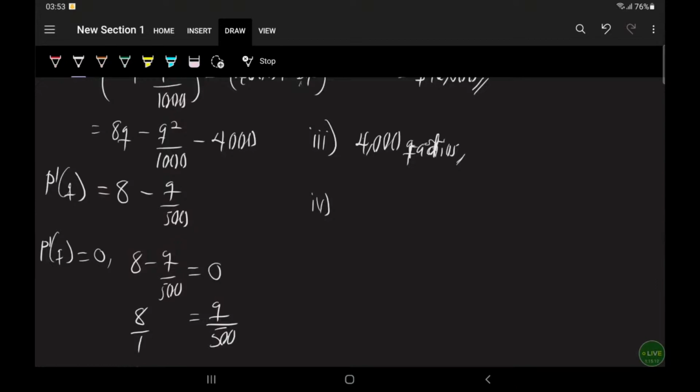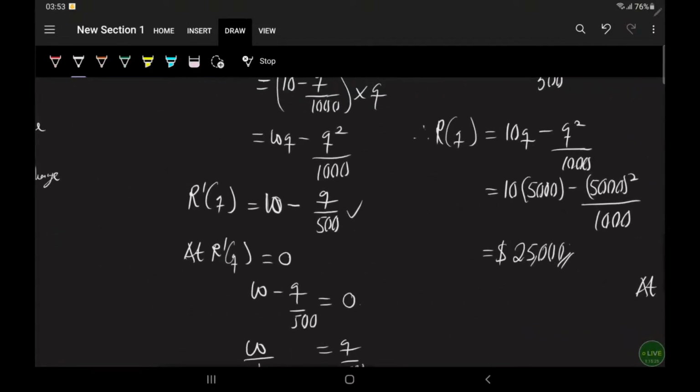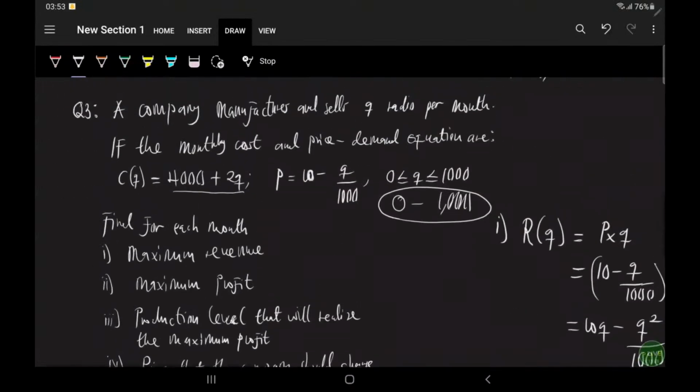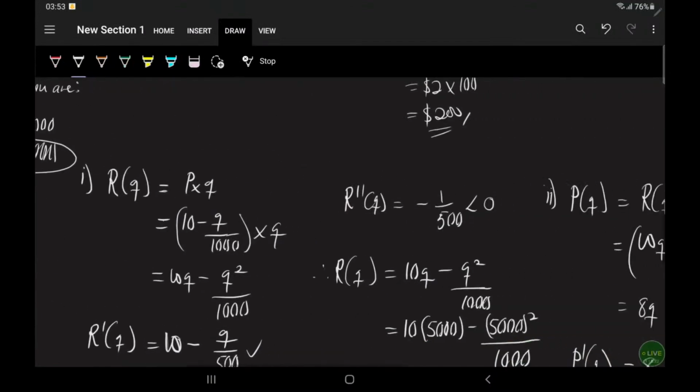So all that you need to do is to bring your price function, because remember our price function was given in the question as 10 minus Q over 1,000. Sorry, it was Q, not Q squared.